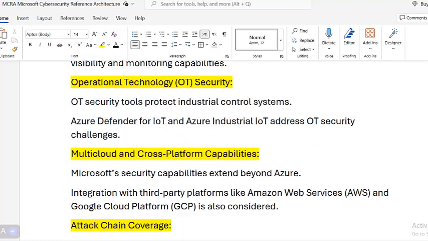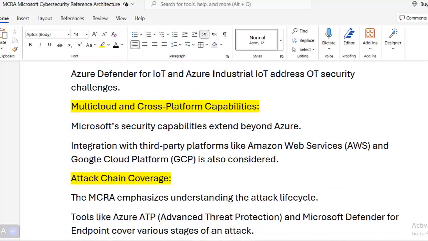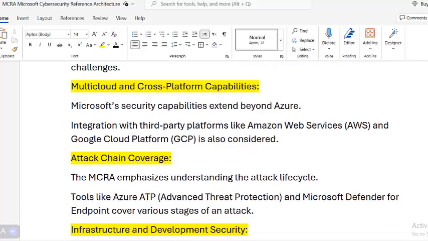Multi-cloud and cross-platform capabilities. Microsoft's security capabilities extend beyond Azure. Integration with third-party platforms like AWS and Google Cloud Platform is also considered. Attack chain coverage. The MCRA emphasizes understanding the attack lifecycle.